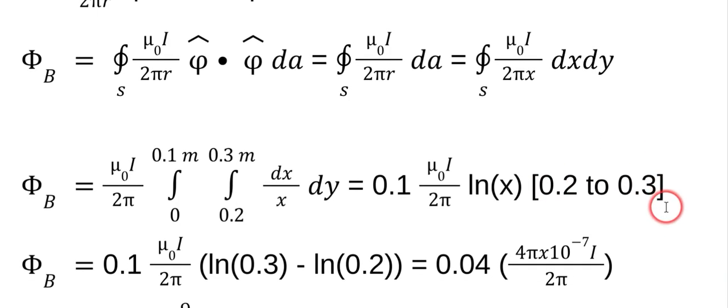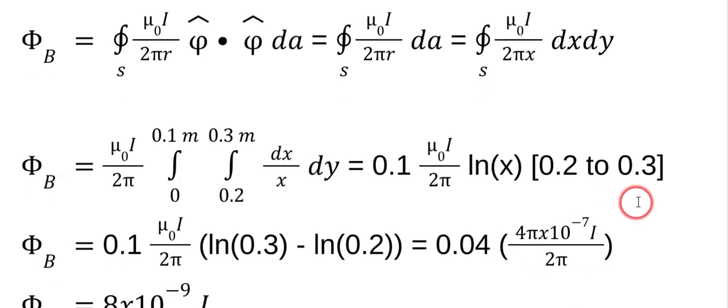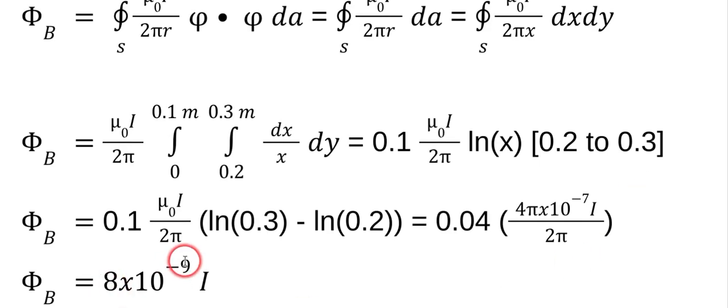All right, so we do that math. It turns out this constant here is 4 pi times 10 to the minus 7, an unusual constant. The pi's cancel, we bring the 2 out, so we're left with just a constant times the current. Now, the question was, what is the change in the flux as the current goes from 5 to 15 milliamps.